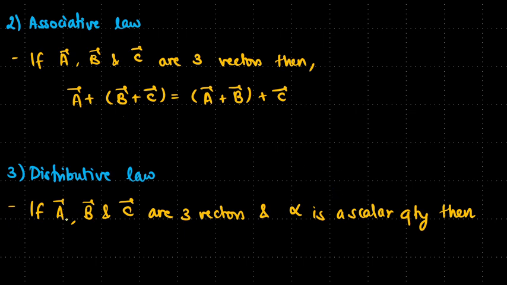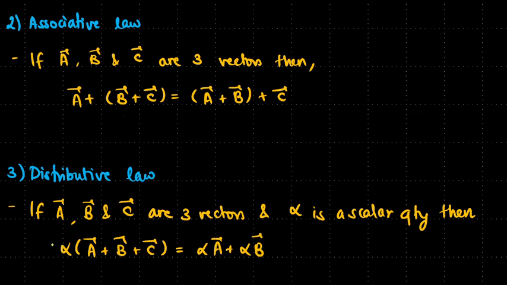So in that case, alpha, bracket, vector A plus vector B plus vector C, bracket close. I think this is called braces, not brackets. I'm not sure at all, but I'm going to say these are brackets. I might tell you what they are at the end of the video if I check it out.